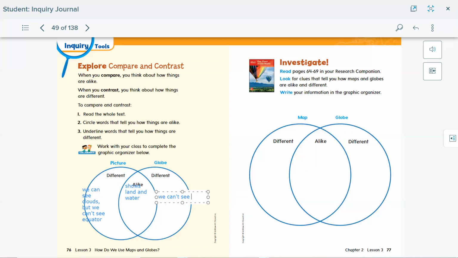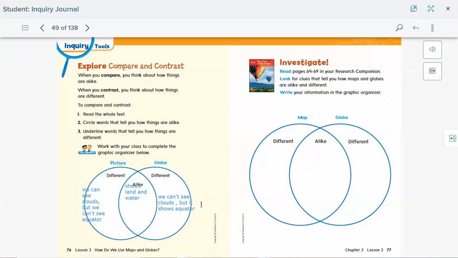Clouds, or that it doesn't show clouds, but it shows the equator. Or as we say, the imaginary line.